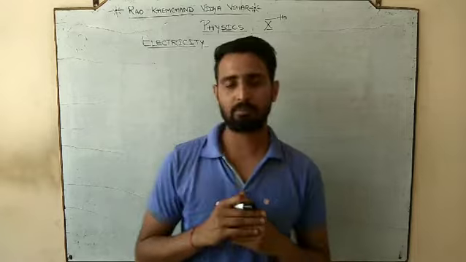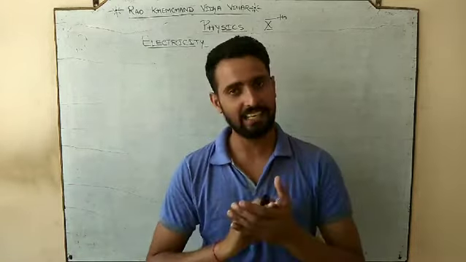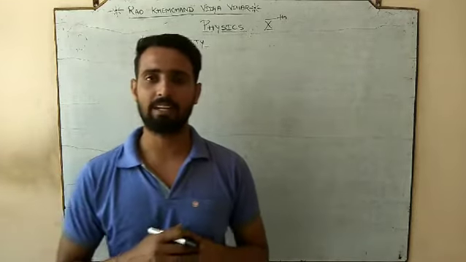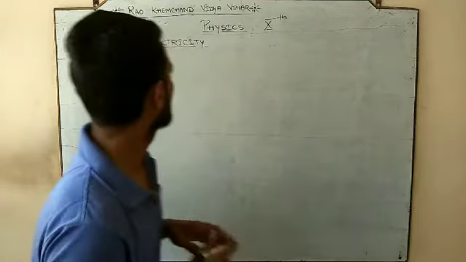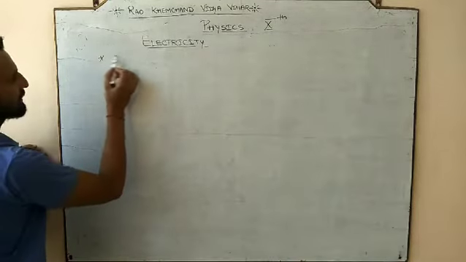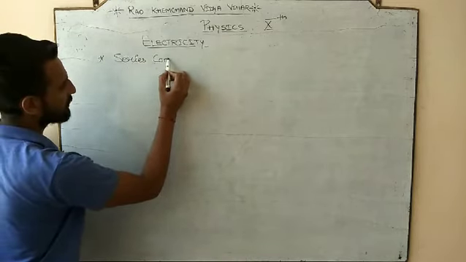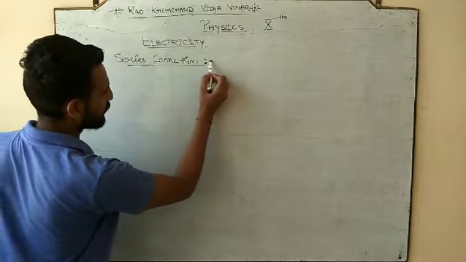So if we have done up to the color code, let us come back to the NCERT again, and in today's lecture we will discuss two topics, the series and the parallel connection of resistors. So here we have series connection of resistors.